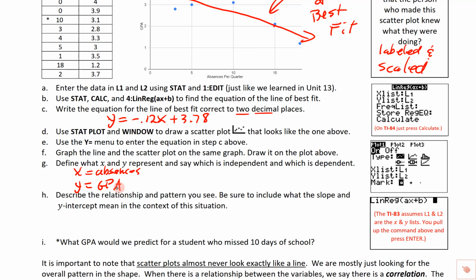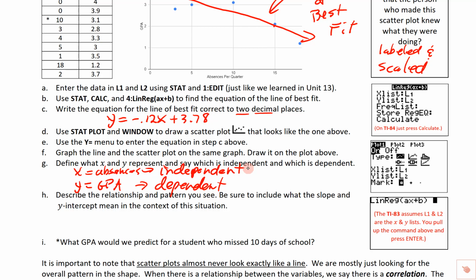Well, the GPA depends on the absences. So this one is dependent, and this one, the absences, those are independent. So if you can change your absences, then you can change your GPA most likely. Now again, not a perfect relationship, but we're just kind of making little predictions here.